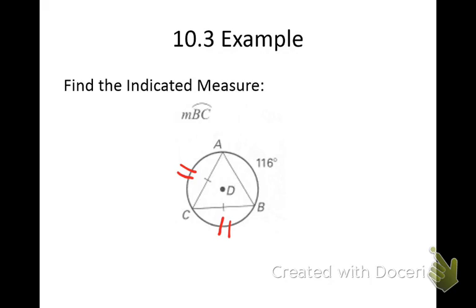Aaron, what do you think we would do? Not sure? Go ahead, Logan. Yes. We have to figure out how much is left of the circle outside of this 116. So we would take 360 minus 116.